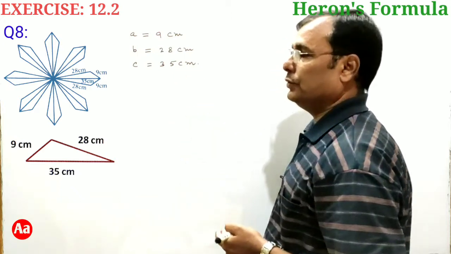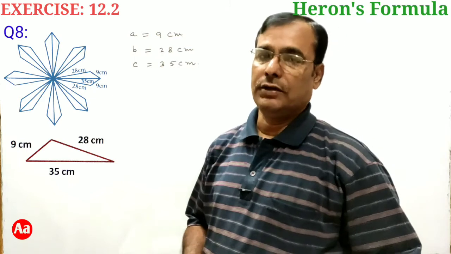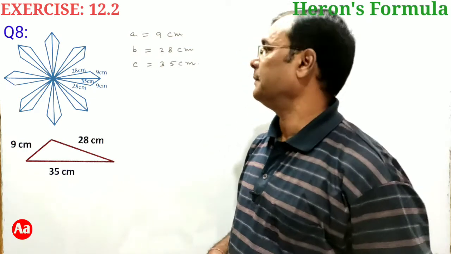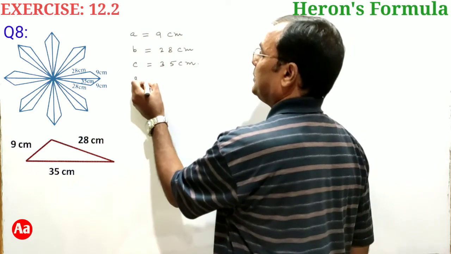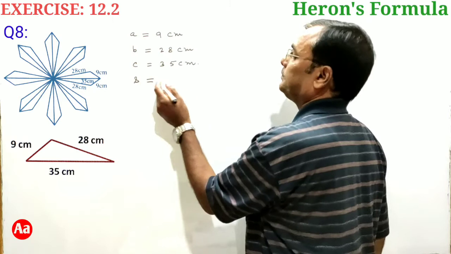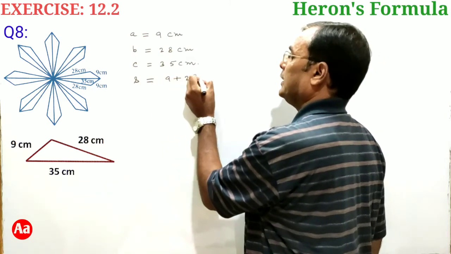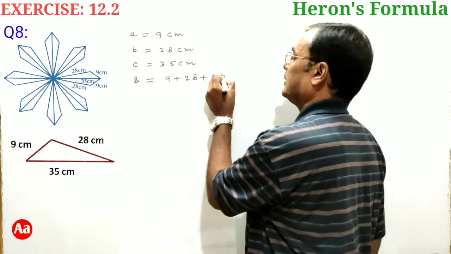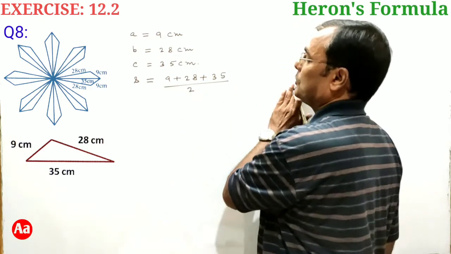As we are going to use Heron's formula to find the area of one triangular tile in the floral design, we need the semi perimeter S, which is 9 plus 28 plus 35 divided by 2.